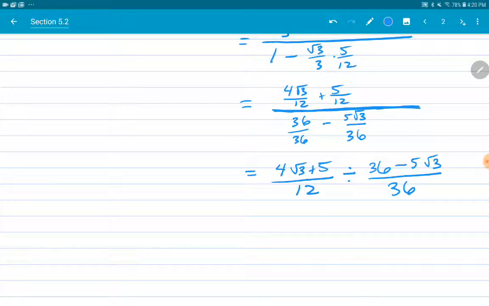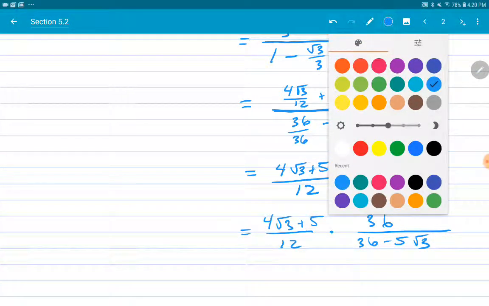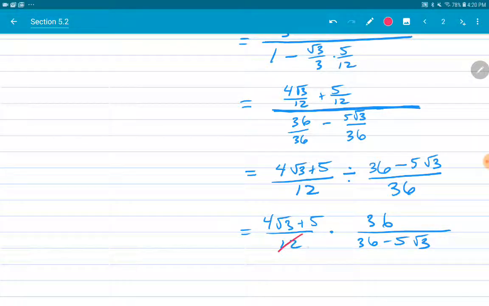Okay, when I flip the second and multiply, then I will be able to reduce by a factor of 12.